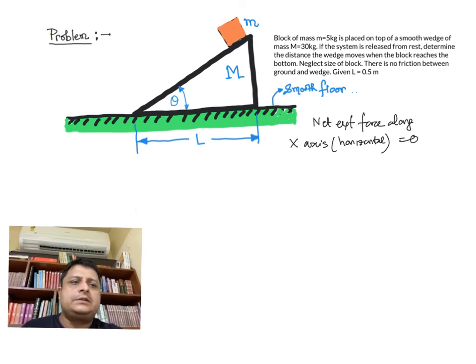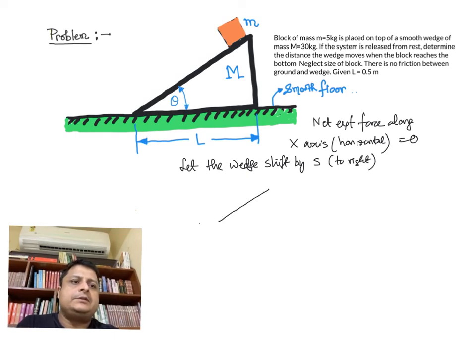And also the system was at rest, so there is no question of having VCM in the x-axis. So now let the wedge shift by s, by default to the right.